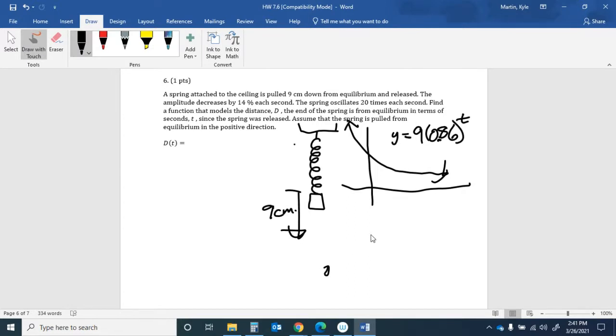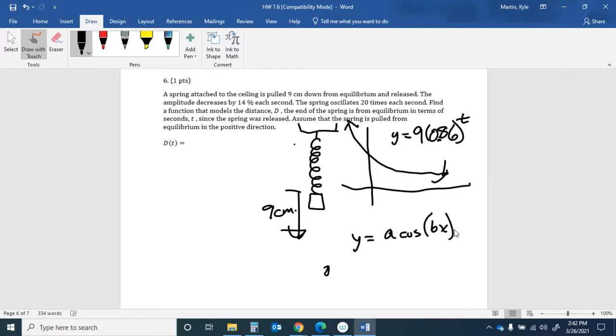So normally we'd have y equals. We're starting extended, so we're not starting at rest. We're starting with it pulled down, so that's going to be cosine because we're not starting at the midline. So that's just your general form for cosine: amplitude times the cosine function of bx. We have no shift left and right, so we don't have to worry about a phase shift.